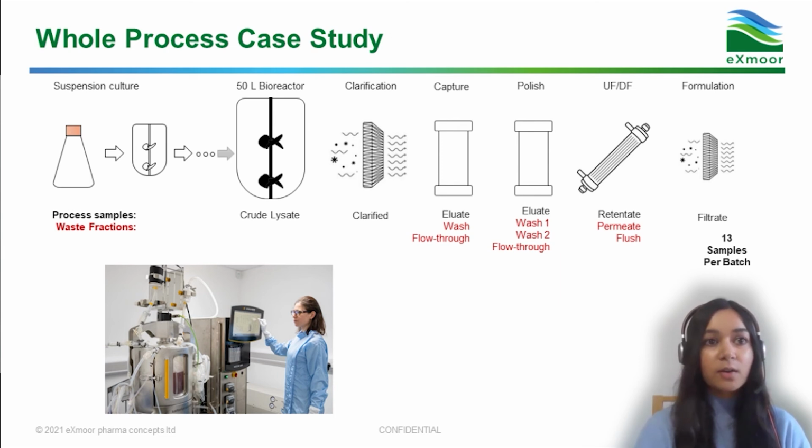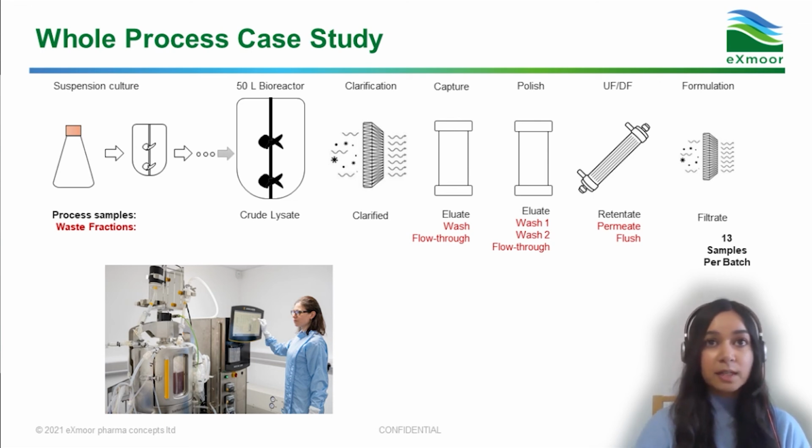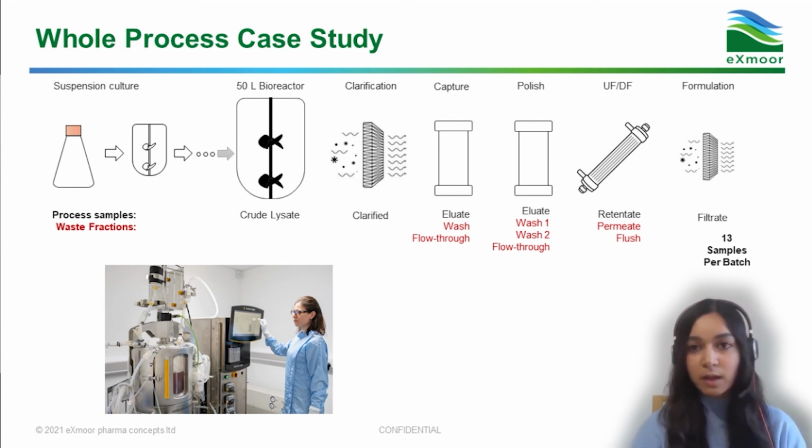So the final case study I'd like to go through is looking at the whole process. So for example, here in the slide, I'm using a 50-liter bioreactor and looking at upstream all the way to downstream, and looking specifically at this slide of running multiple batches. So there's several reasons why in process development you may be required to run batches.